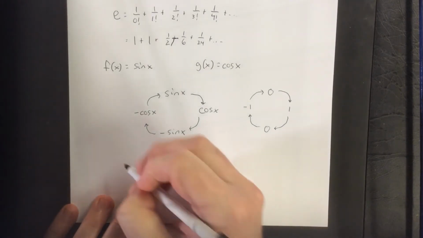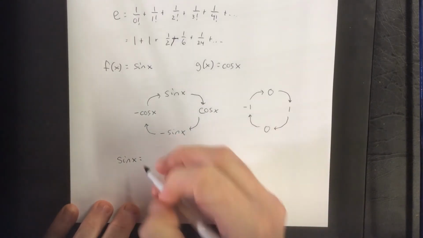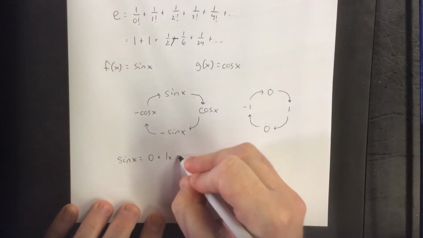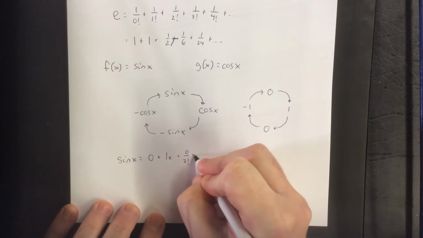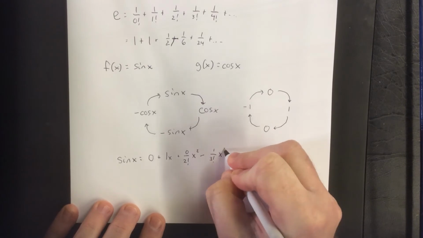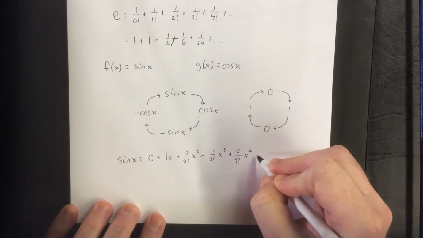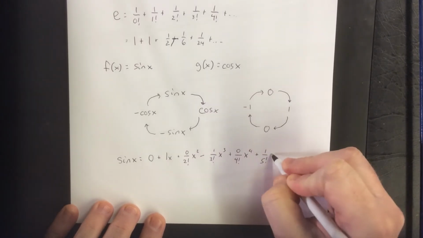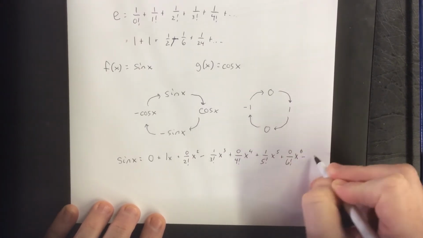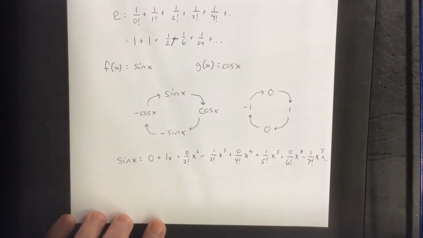So starting with the sine of x, that would be equal to 0 plus 1x plus 0 over 2 factorial, x squared, minus 1 over 3 factorial, x cubed, plus 0 over 4 factorial, x to the 4th, plus 1 over 5 factorial, x to the 5th, plus 0 over 6 factorial, x to the 6th, minus 1 over 7 factorial, x to the 7th, and so forth and so on.